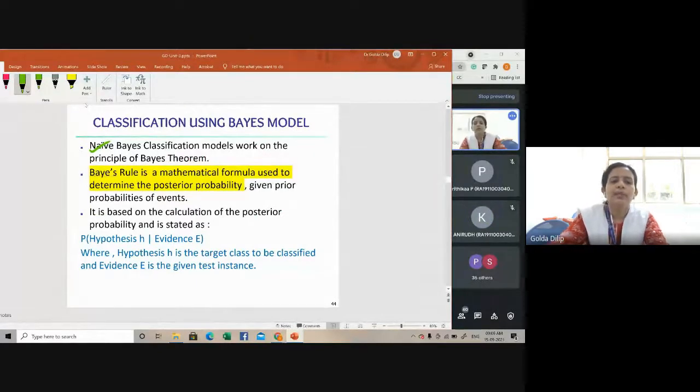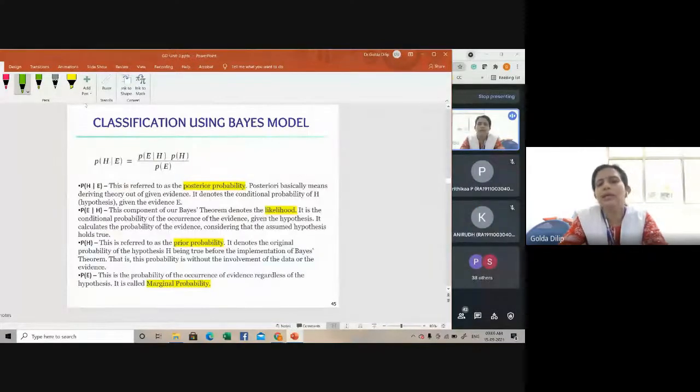The calculation is based on the posterior probability, and it is stated as P of hypothesis given evidence, where the hypothesis H is the target class to be classified, and evidence E is the given test instance. Based on that, we have the Bayes theorem, which is stated as follows.